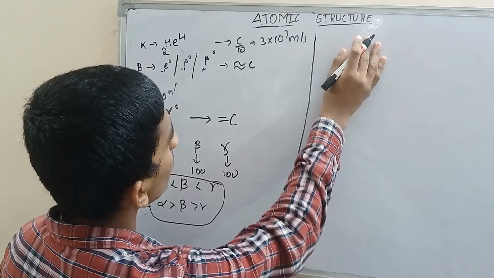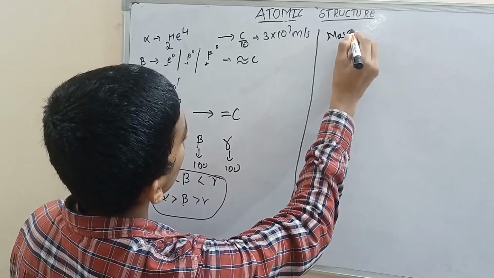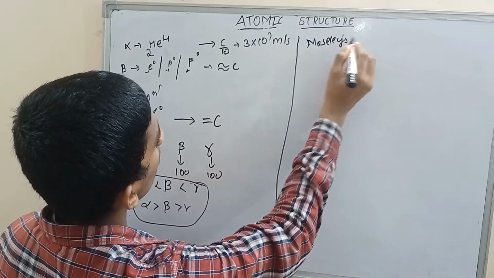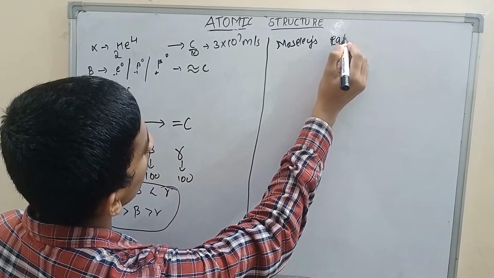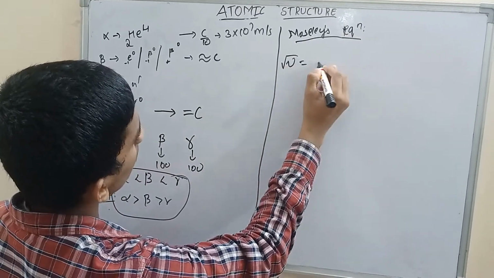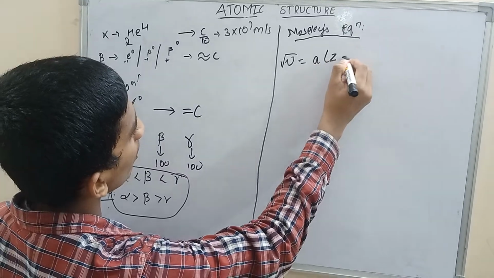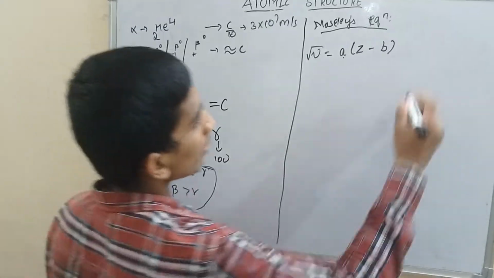Now let us see about Moseley's equation. Generally, I think we discuss it in periodic classification, right? Moseley's equation. What he said, root nu is equal to a of z minus b. a is a constant.